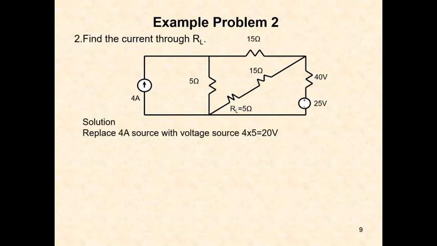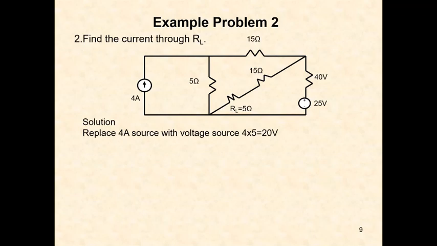This is the given circuit. Now the solution. Replace the current source with a voltage source of 20 volts. How? There is a current source in parallel with a 5 ohm resistor, so we have to apply source transformation. The current source can be replaced by a voltage source in series with some resistance.